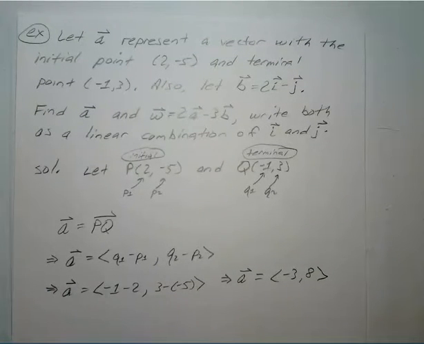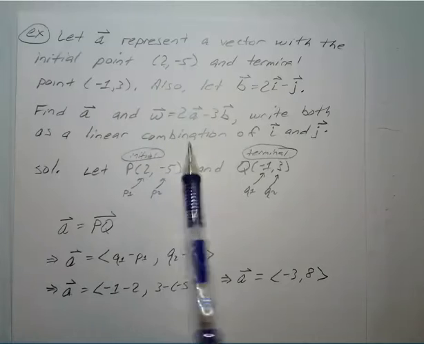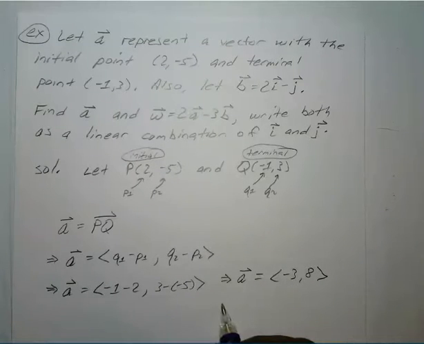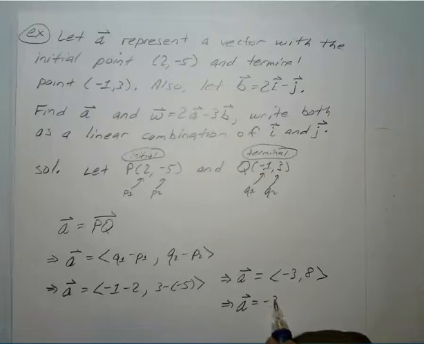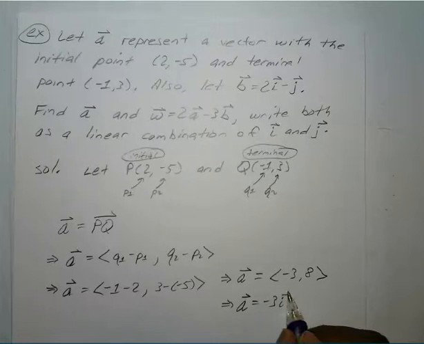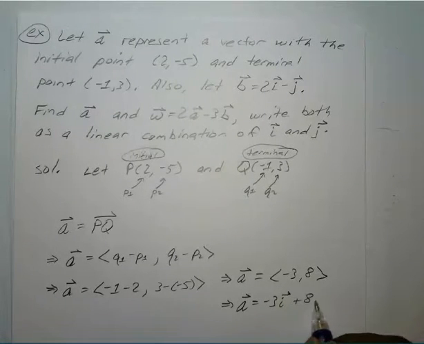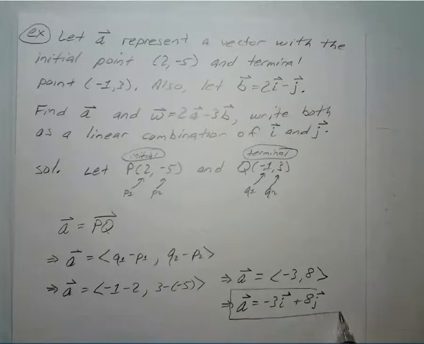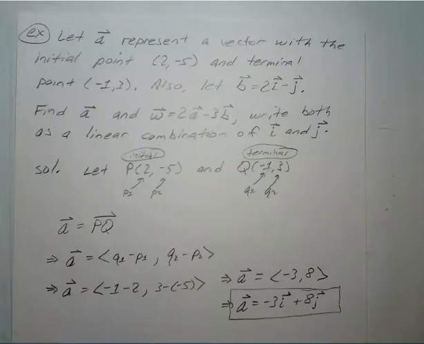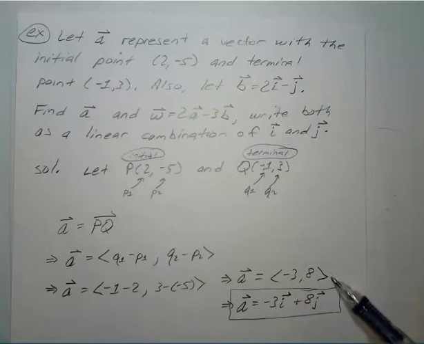Okay, but you're not quite done yet, because remember, they want it written as a linear combination of I and j. So that means that vector A is equal to -3 times vector I plus 8 times vector j. Okay. Always remember, if they ask for that linear combination, to put your answer like this, because if you leave it like this, you'll have it marked wrong after doing all of that work.